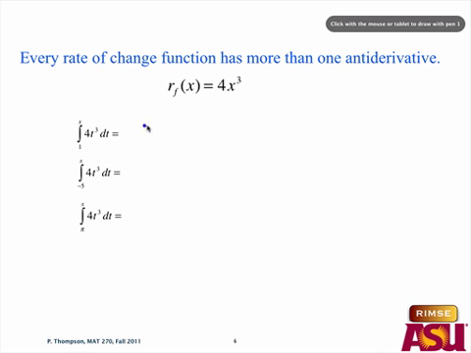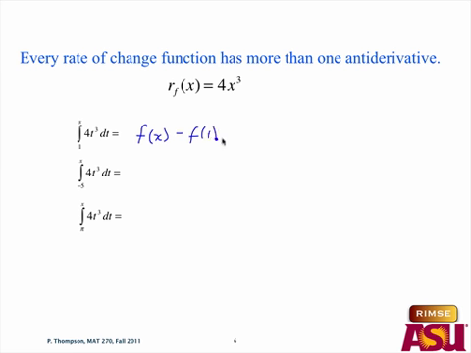Okay, and we said this one was f of x minus f of 1, or x to the fourth minus 1 to the fourth. How can we check to see that this is an antiderivative of this? Take the derivative. And we get 4x cubed.